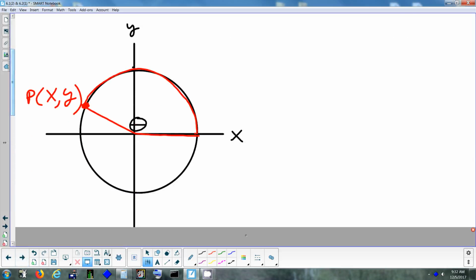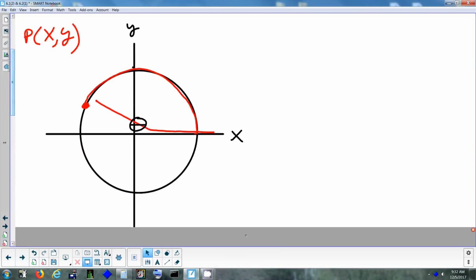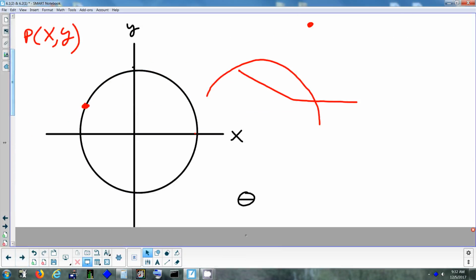All right, so in unit circle trigonometry, we're going to start out with a circle. And on that circle, you can label the radius as 1. Okay? Because in a unit circle, the radius is always 1. Now, what I'm going to do on that circle is draw an angle in standard position.